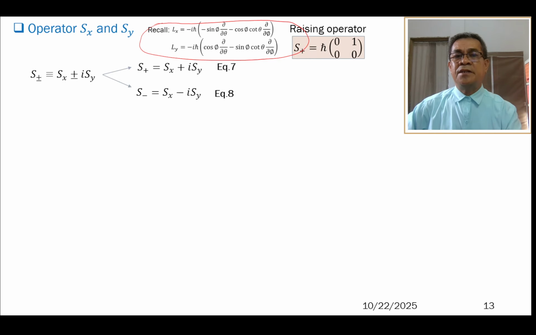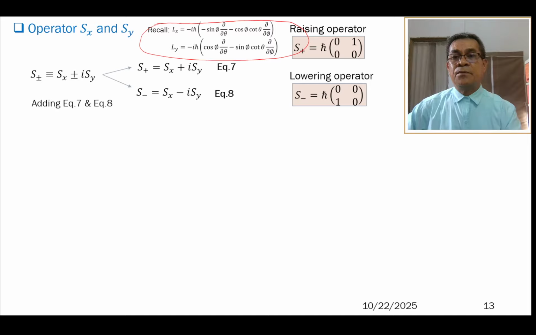Now, look at 7 and 8. By the way, take note that the raising operator was already derived in the previous slide, and also the lowering operator. So we have now this raising and this lowering operator, so we can substitute this later on. Now, before that, look at 7 and 8. If we add 7 and 8, what do you think?